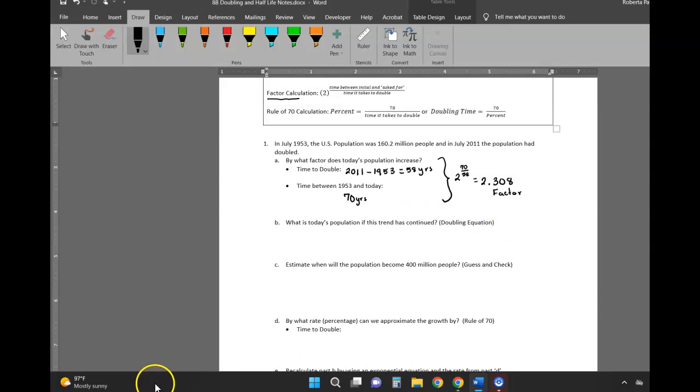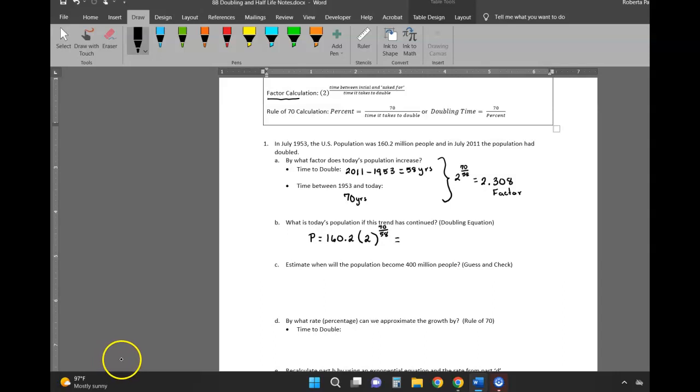Now, what is today's population? So we're going to use the entire doubling equation. The population is going to equal the initial value, and our initial value is 160.2 million people. This time we're doubling, and we want to know what the population is if this trend continues. So today's population is 70 years out, and it doubles every 58 years.